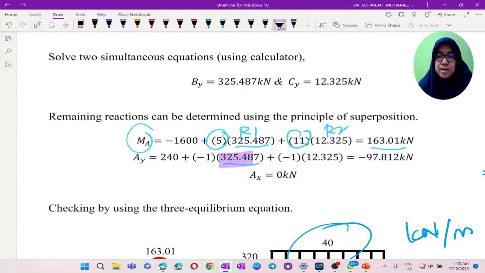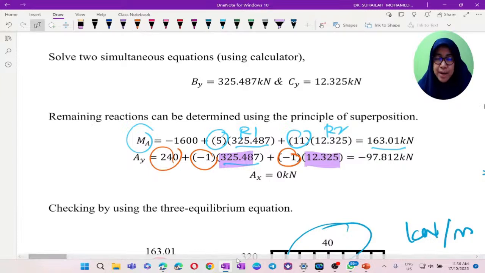This is R1, this is R2. In the redundant systems we have to multiply back with the redundant value. So 240, -1 and -1 are Ay in the primary system, redundant 1 and redundant 2 respectively.